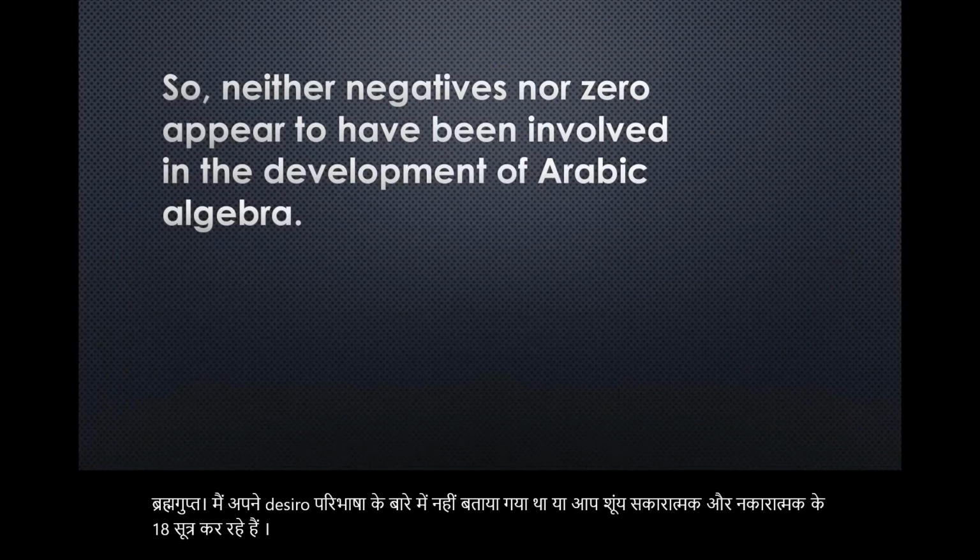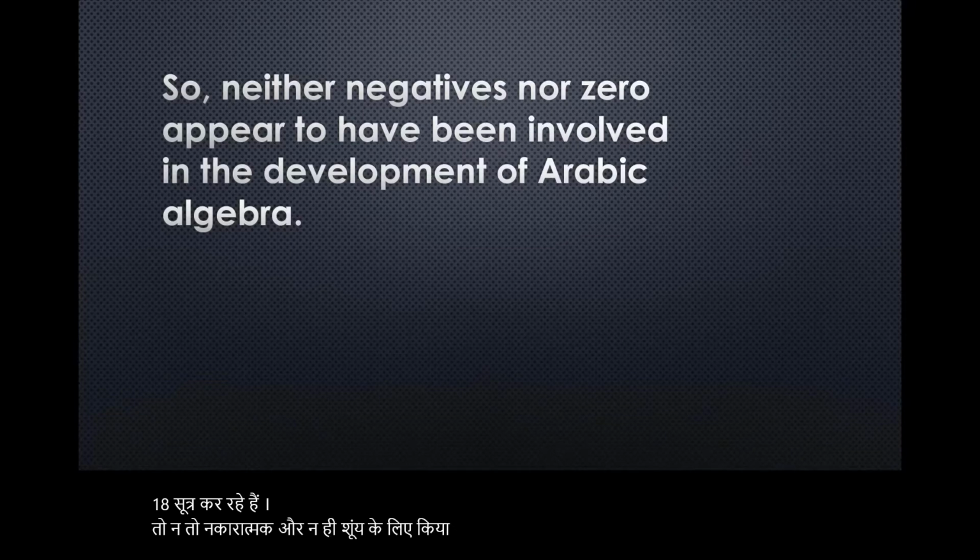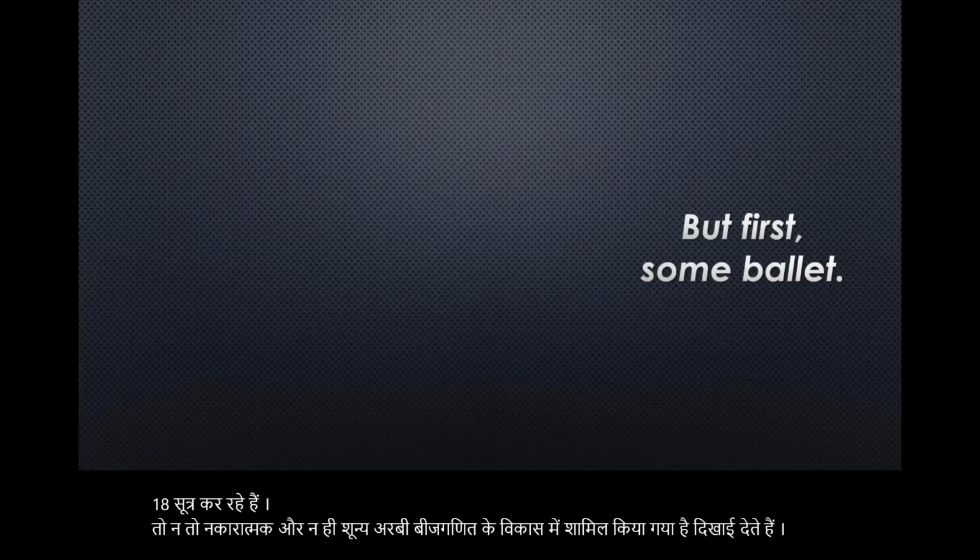So neither negatives nor 0 appear to have been involved in the development of Arabic algebra. But first, some ballet.